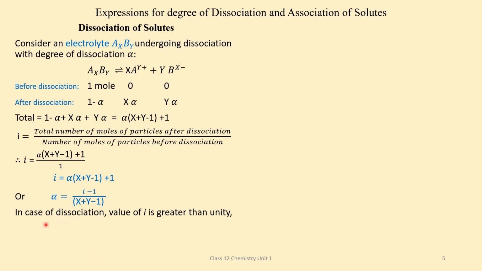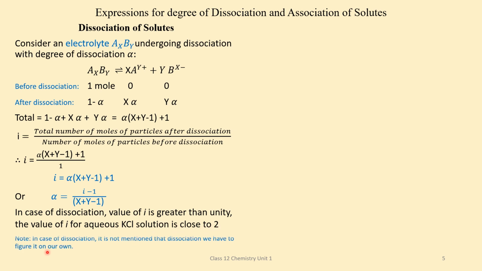Please note here that in case of dissociation, the value of i is always greater than unity. The value of i for aqueous solution of KCl is close to 2. Please note that in questions usually dissociation is not mentioned. We have to presume that when it is not mentioned, it is dissociation only.